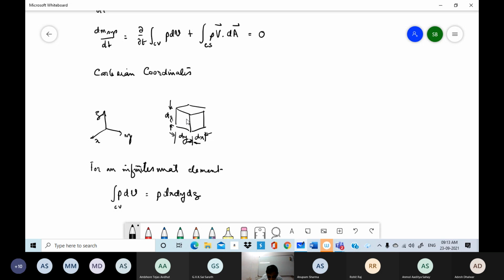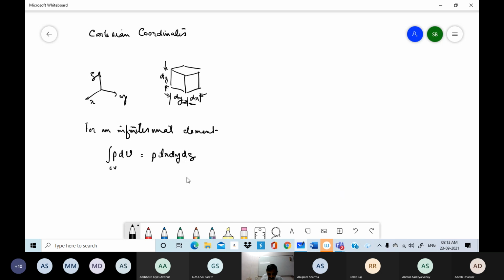In that case, as I move away from the center point, the value of rho would change. It would be governed by the Taylor expansion in x, y, and z. But the corrections would be higher order in dx, dy, and dz. So the next order terms would be del rho by del x into dx.